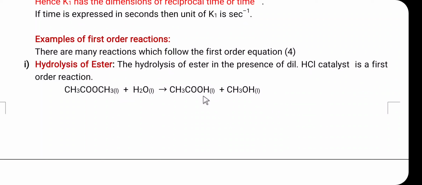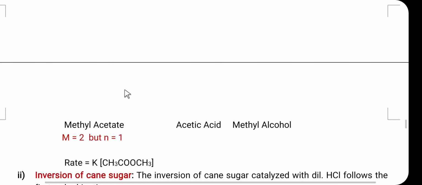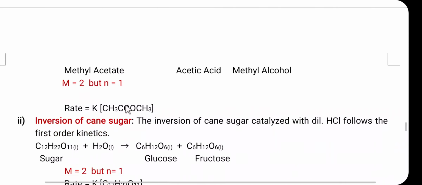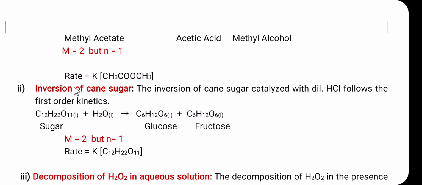There is a formation of acetic acid and methyl alcohol. So, when we consider this reaction, the molecularity of this reaction is 2, but the order of reaction is 1. So, it is a first order reaction, and by applying the law of mass action, we can write rate is equal to K into concentration of methyl acetate only.